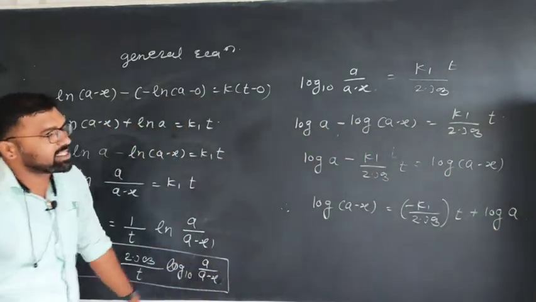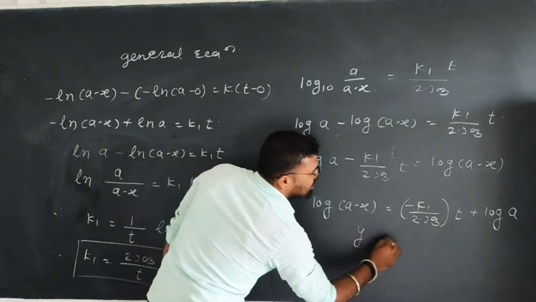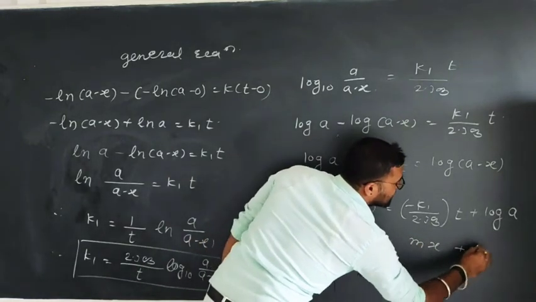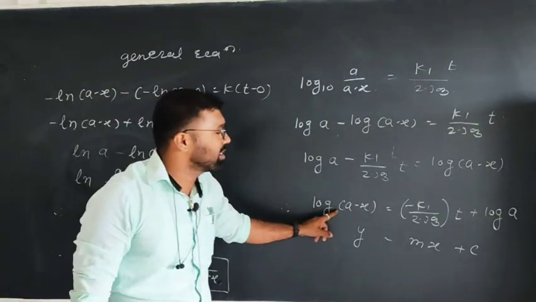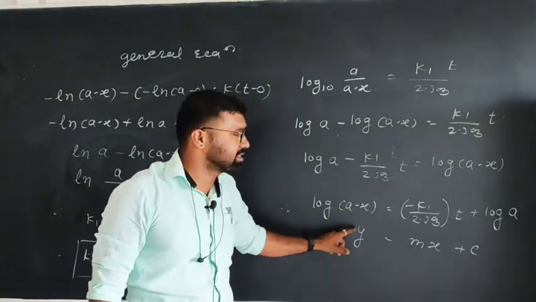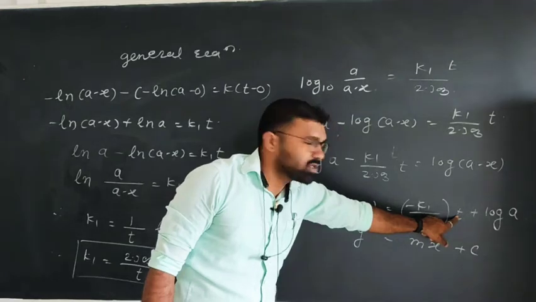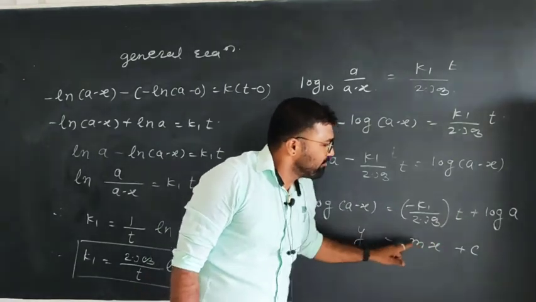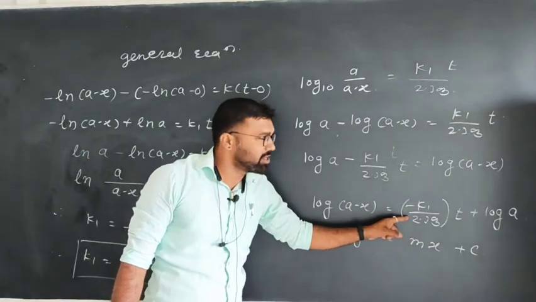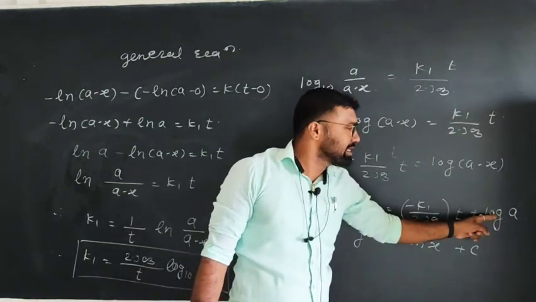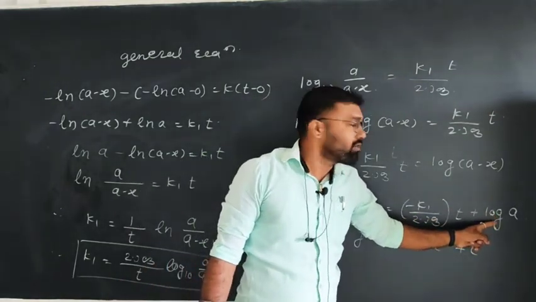Now this equation is in the form of y is equal to mx plus c. If I plot the graph of logarithm to the base 10 of a minus x versus time t, we get slope minus k1 upon 2.303 with the y-intercept log of a.